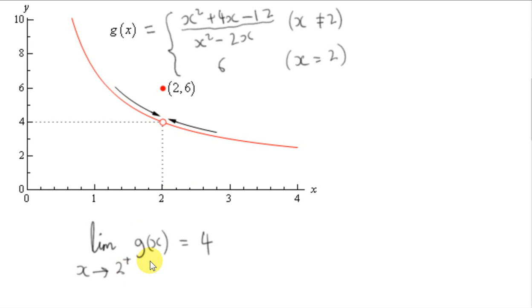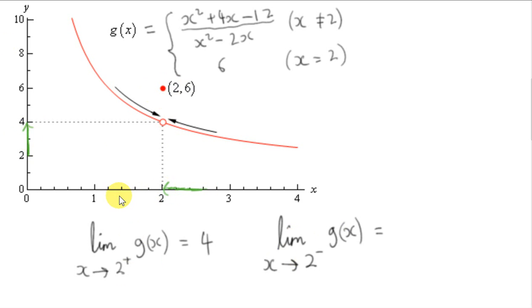Anyway, let's consider this one-sided limit. x approaches 2 from the right. Well, you can see that g of x is approaching 4. It's certainly not approaching 6. Now let's consider the limit as x approaches 2 from the left of g of x.